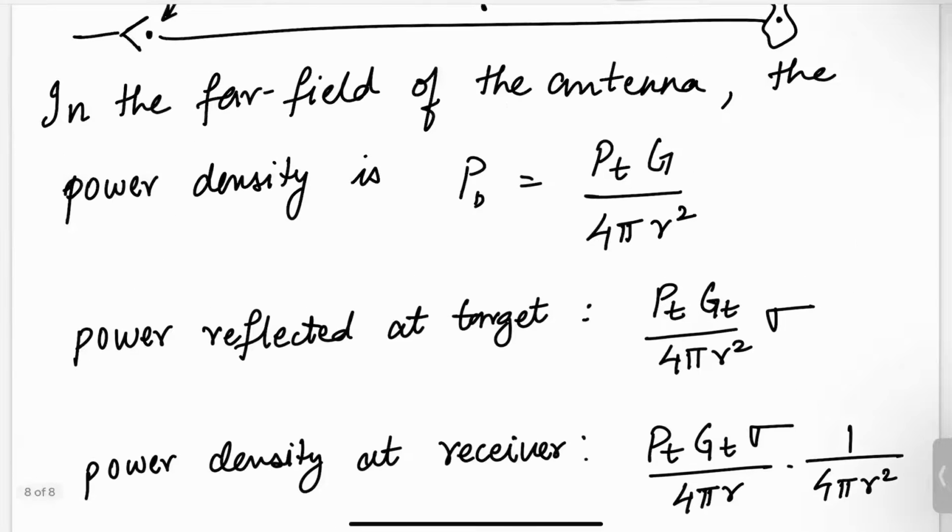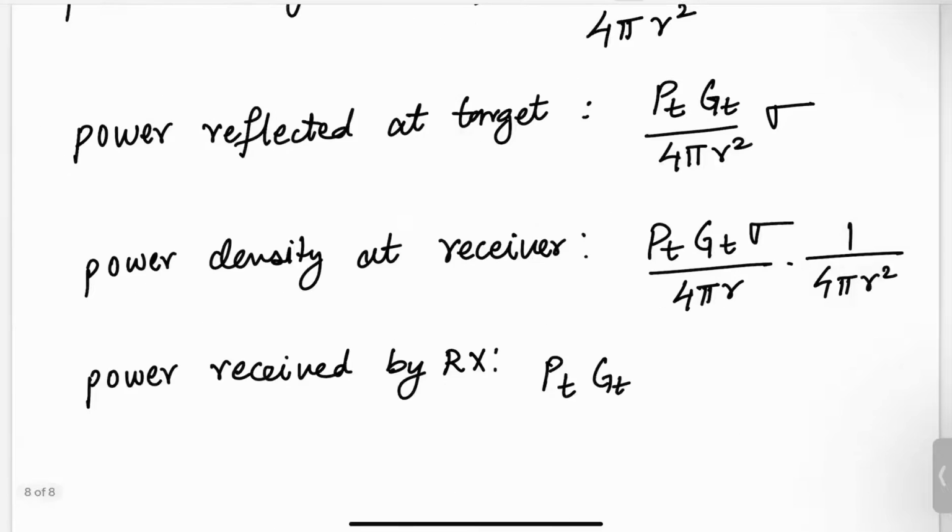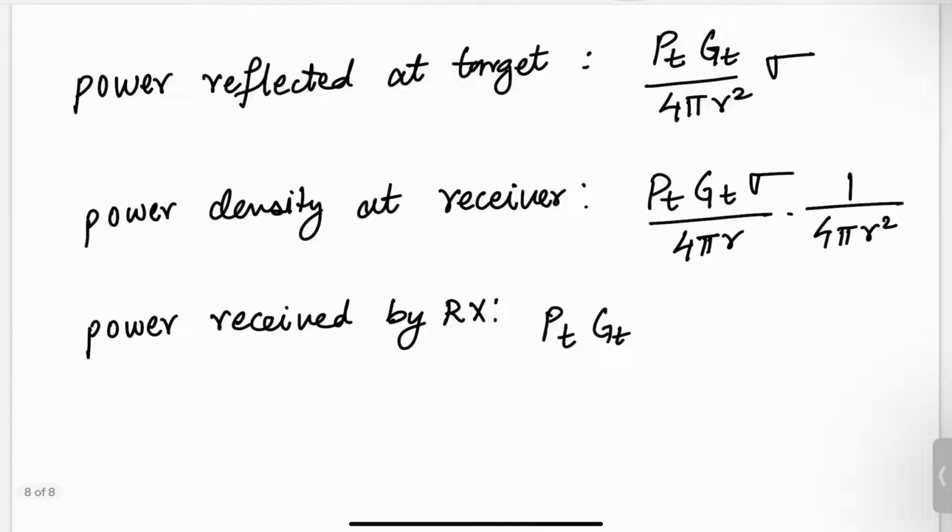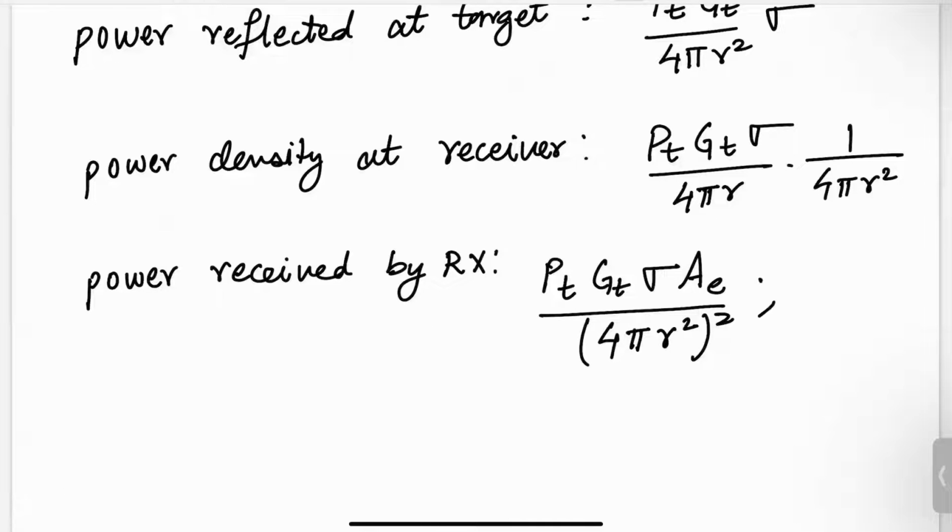Oh, I call this GT again. So let's see, GT. Okay. The received power is P_T GT sigma A_E, which is the effective area of your antenna, over (4 pi r squared) whole squared. And effective area is defined, in terms of the gain, which we call GT, as lambda squared GT over 4 pi. Right?